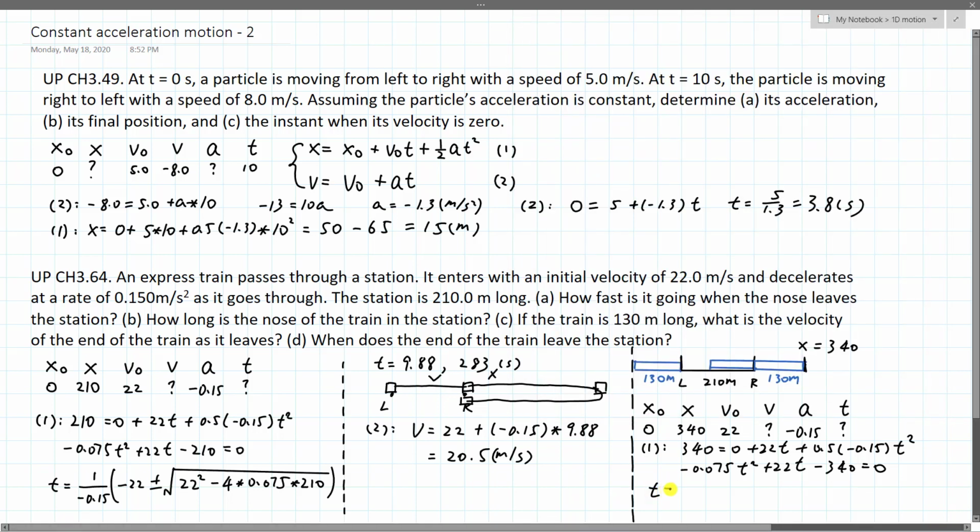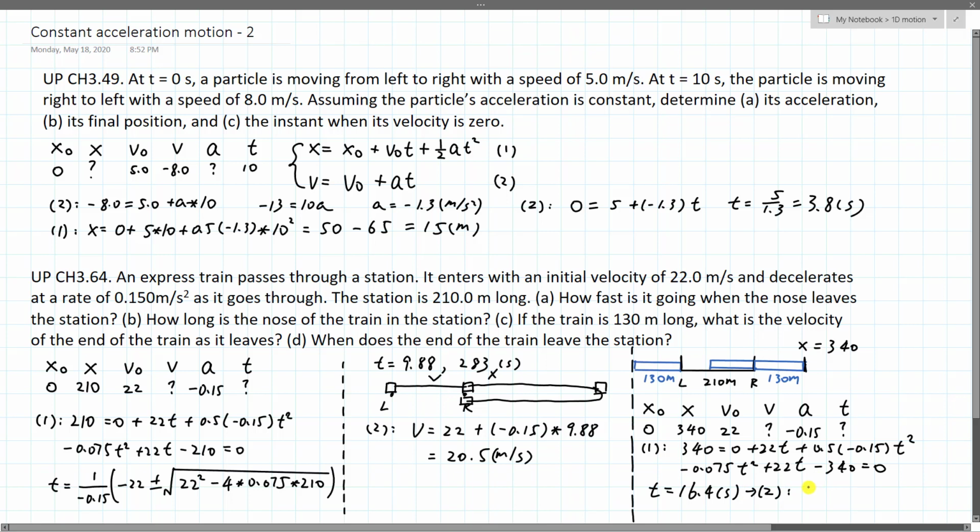So t is 16.4 seconds. And to find out when does it leave, so basically it leaves 16.4 seconds after the nose enters. And then what is the velocity of the end of the train? Well, that's the same thing as the velocity of the nose of the train, right? You don't expect them to travel at different speeds. So we just plug into equation 2.